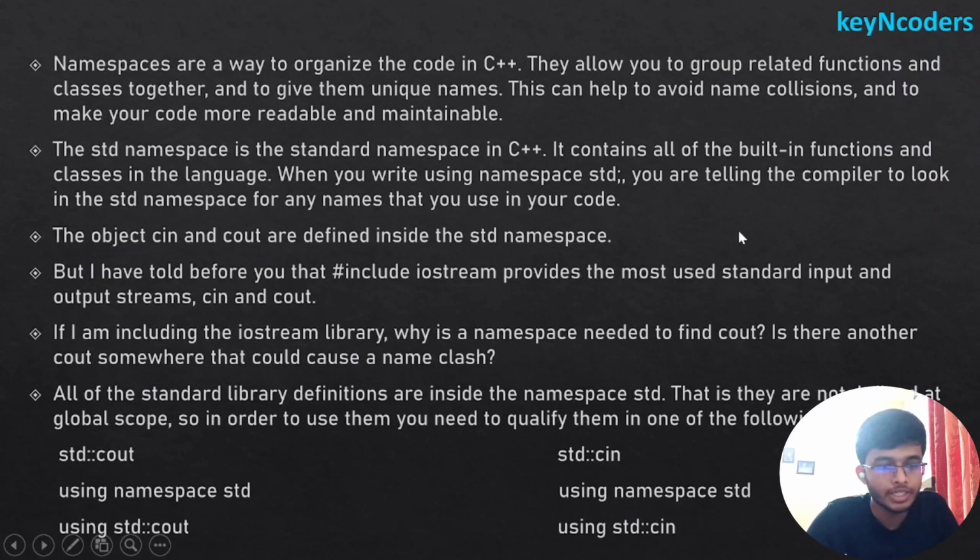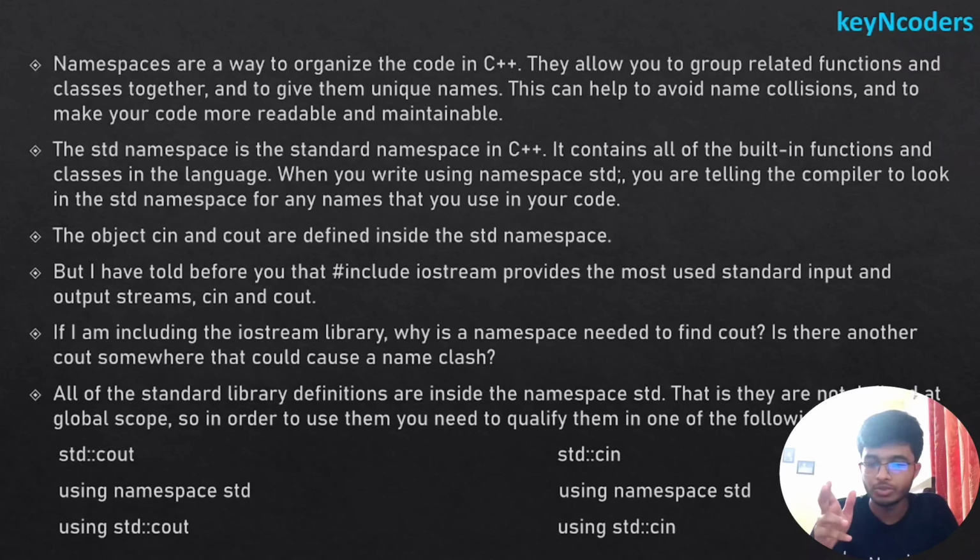The objects cin and cout are defined inside the standard namespace. I've already told you before that hash include iostream provides the most standard input and output streams, that is cin and cout. So if I'm already including the iostream library, why is a namespace needed to find cout or cin?